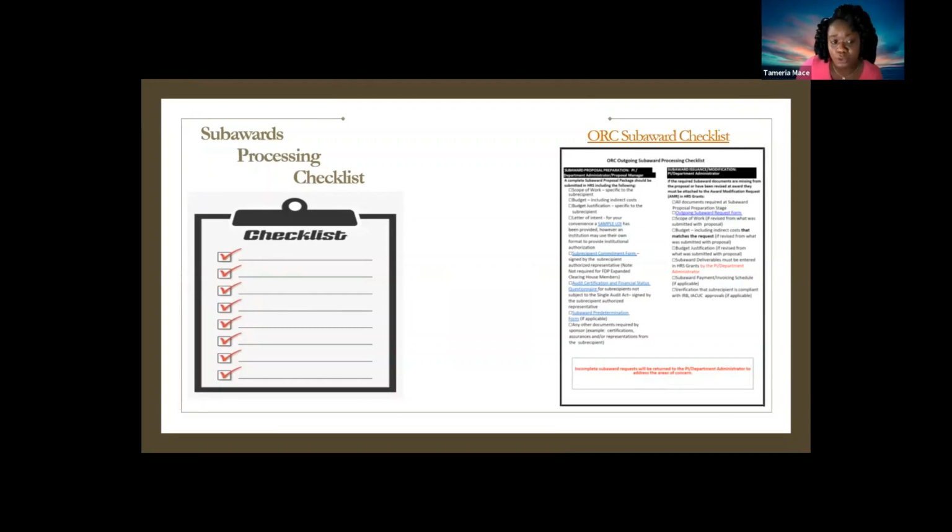You have the option, whether you're for-profit or nonprofit, to use the 10% de minimis, and that is what we do at my institution here at UCF. Or UCF, as the prime institution, can negotiate a rate agreement with the subrecipient. Of course, that is a lot of work, and that is not our policy here, so that is not what we do at this institution.